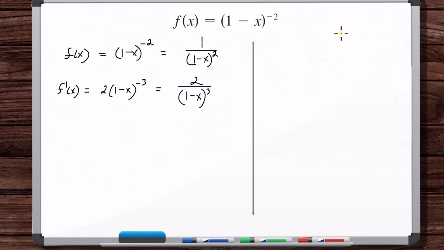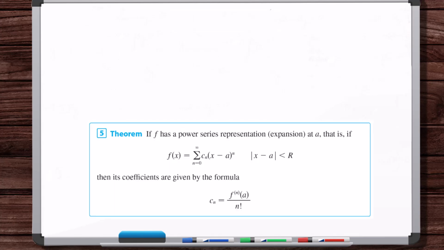You can think about it like this. You've got the function. If we were doing the Maclaurin series of e to the x, it would be equal to a summation. If we were doing the Taylor series centered at 2, then it would still just be e to the x is equal to the power series.